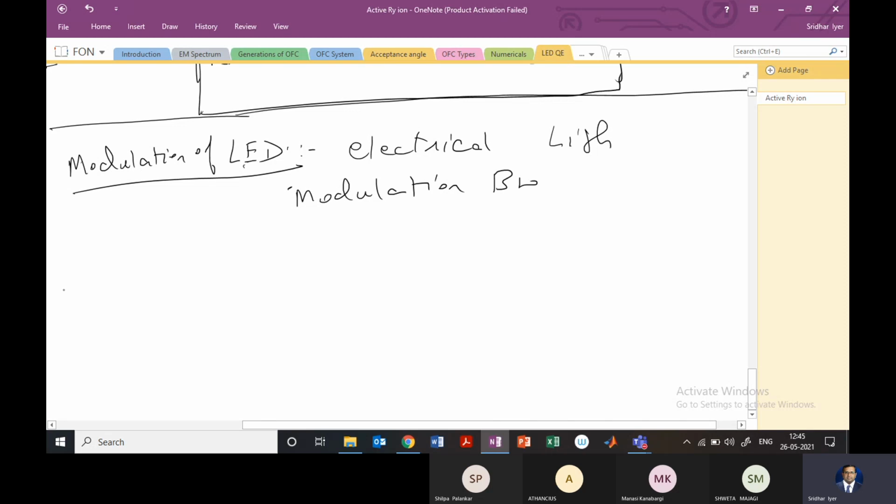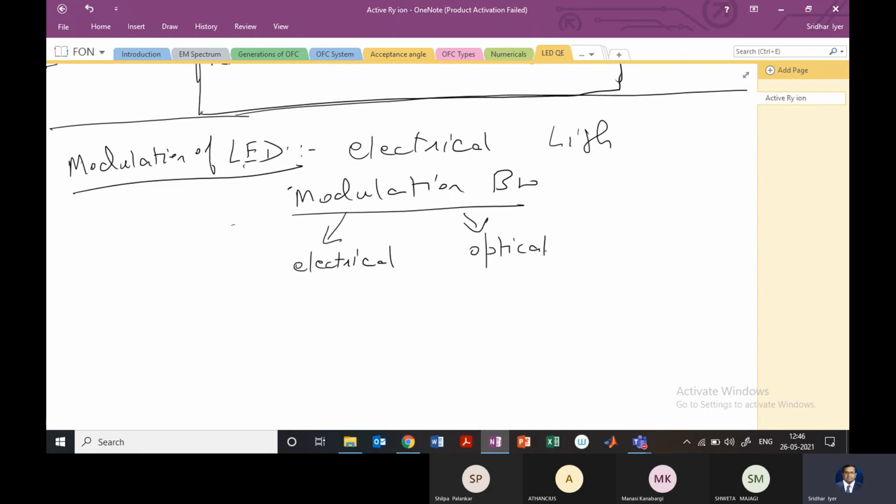You can define this modulation bandwidth either in electrical terms, or you could do this in optical terms, and obviously there has to be a relation between the two. But it is more useful when we consider the electrical definition, because our signals are only electrical in nature, right? So we are going to use the electrical definition.